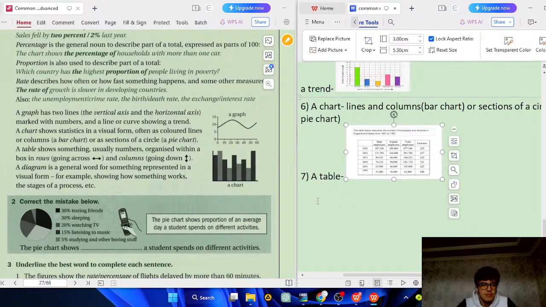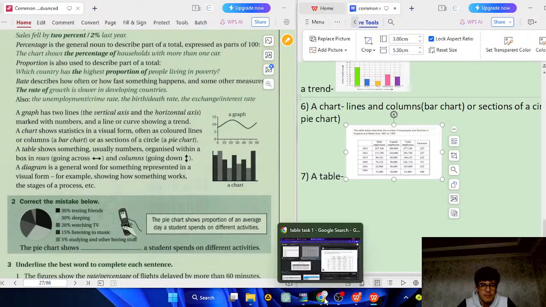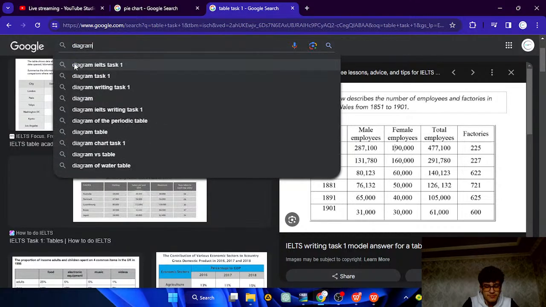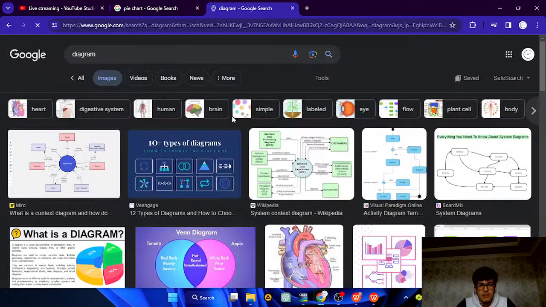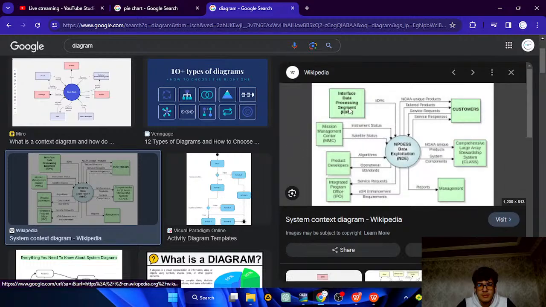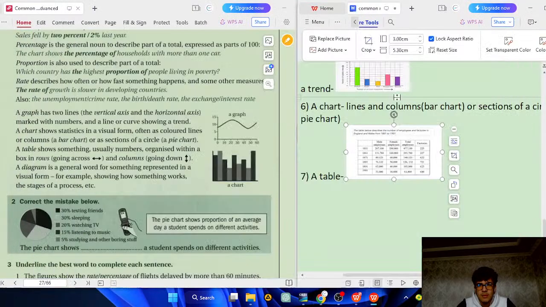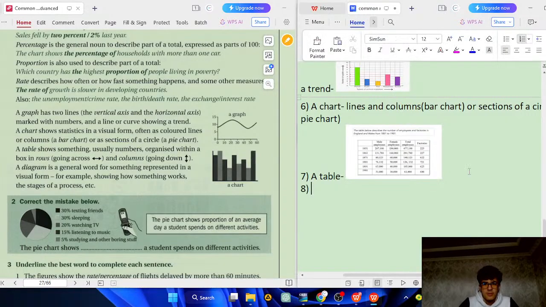This is a table. Diagram. Okay. This is a perfect example for a diagram. What is going on here?